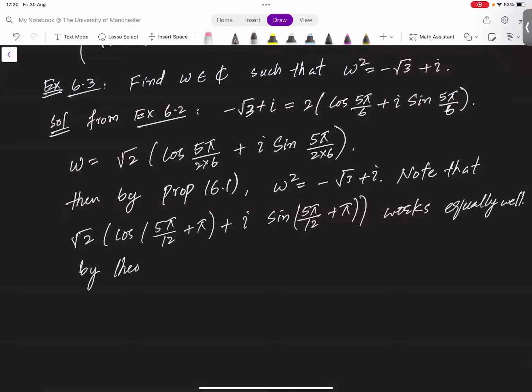By theorem 6.1, this is equal to W into cos pi plus iota sine pi, which is minus W.